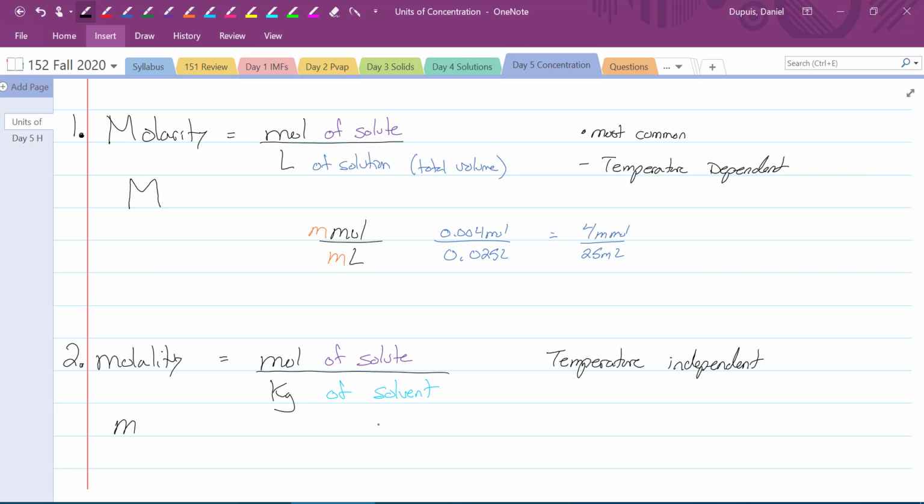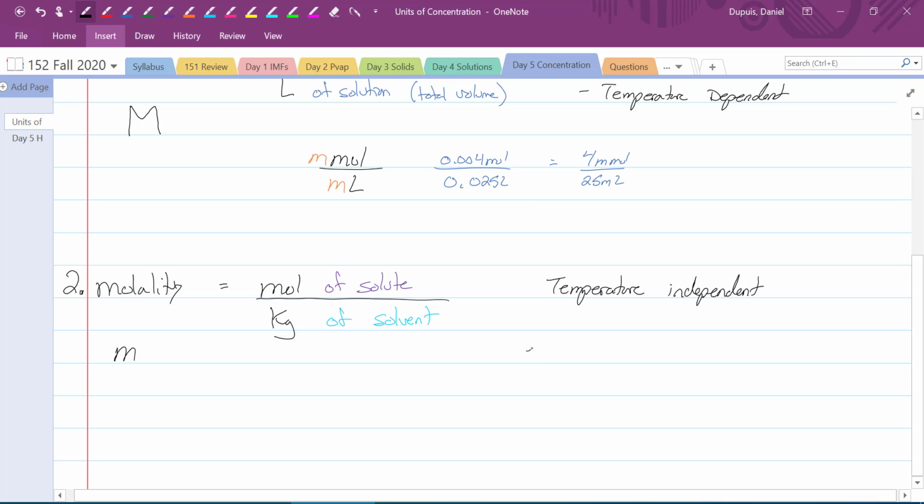Now, we do not use this unless the experiment involves a temperature change. If it involves a temperature change, it makes sense that we would use a temperature independent ratio of solute to solvent, instead of molarity, where it is temperature dependent.